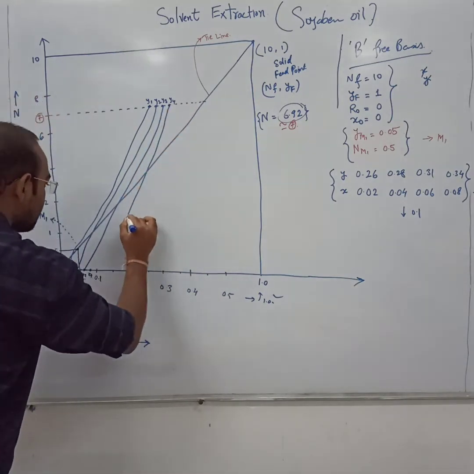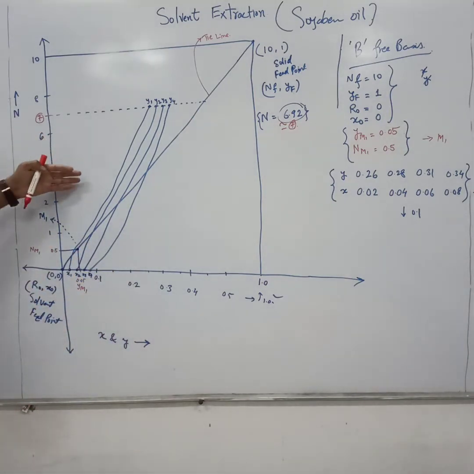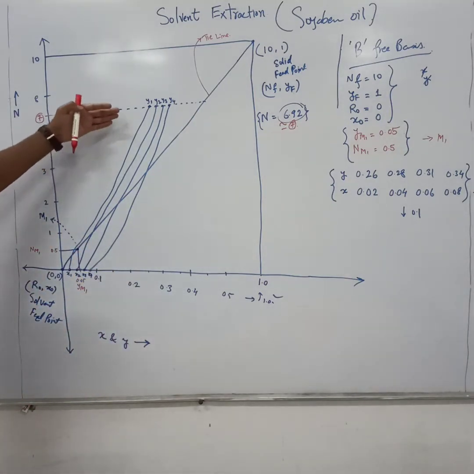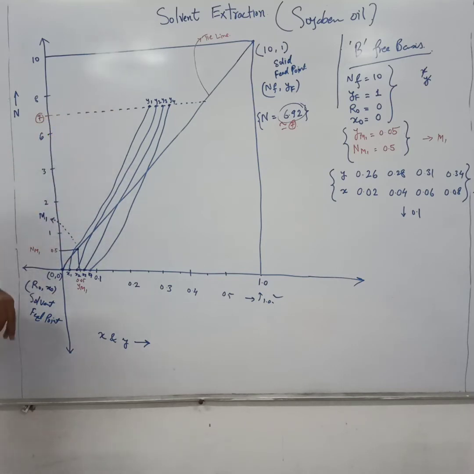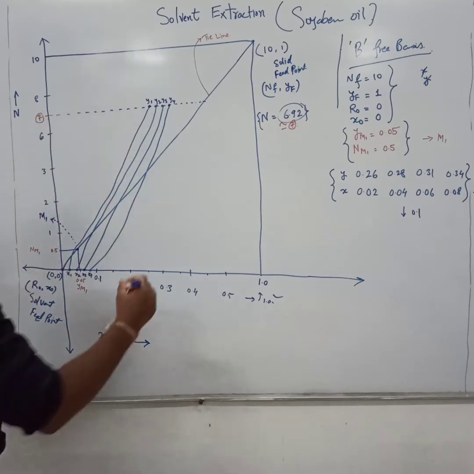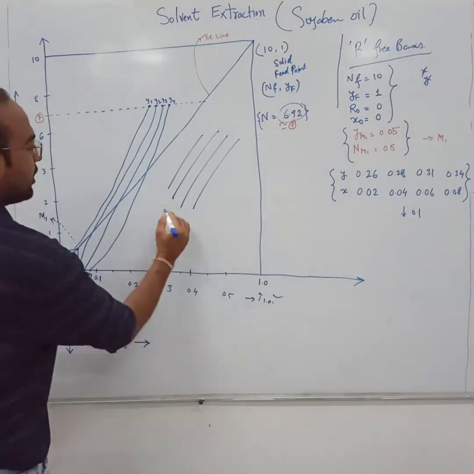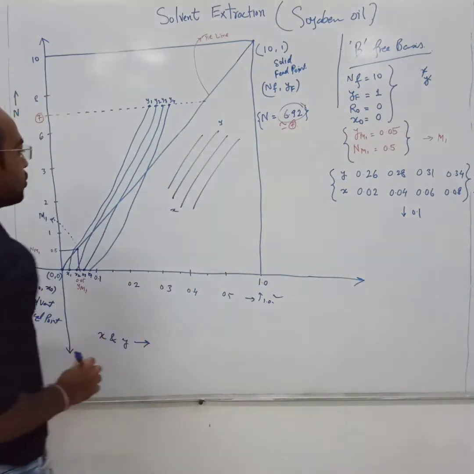These four lines are not drawn straight by me, but when you solve in your graph book, please draw them as parallel, straight lines with your x and y.